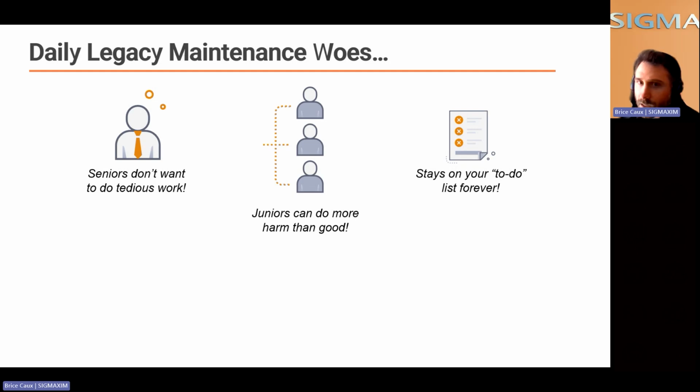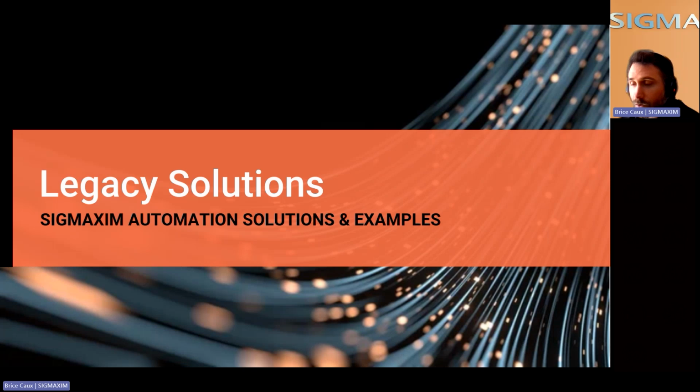So this is why most of the time you can have a big to-do list that stays on your to-do list forever. So this is why using automation tools could help you a lot. The goal for me today is to show you some quick examples. We encounter the same topics many times at different customers, so I want to show you these examples today.